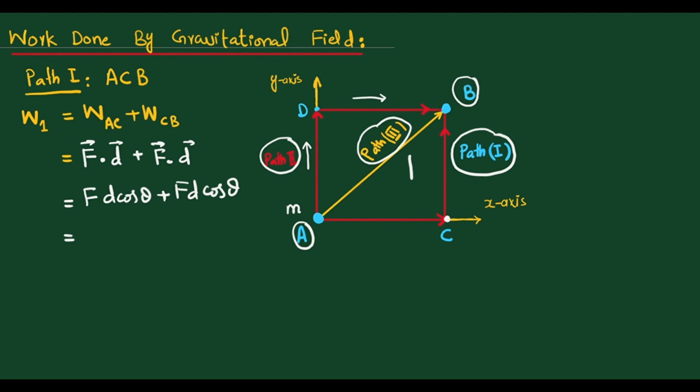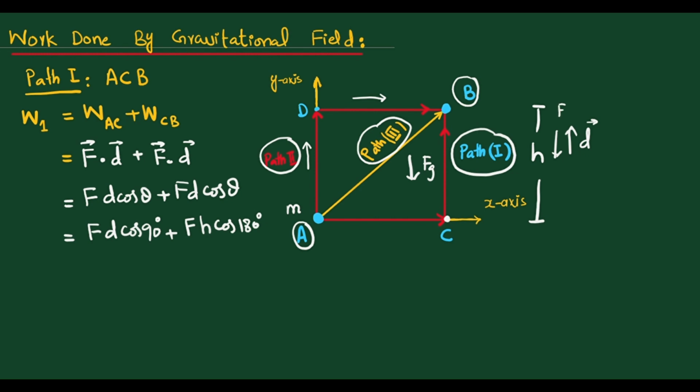As gravitational force is always downward, then for F and d displacement from A to C, d is the displacement and cos of 90 degrees, plus F, and there is a height h from C to B, then F h cos of 180 degrees, because our displacement is vertically upward and gravitational force is vertically downward.